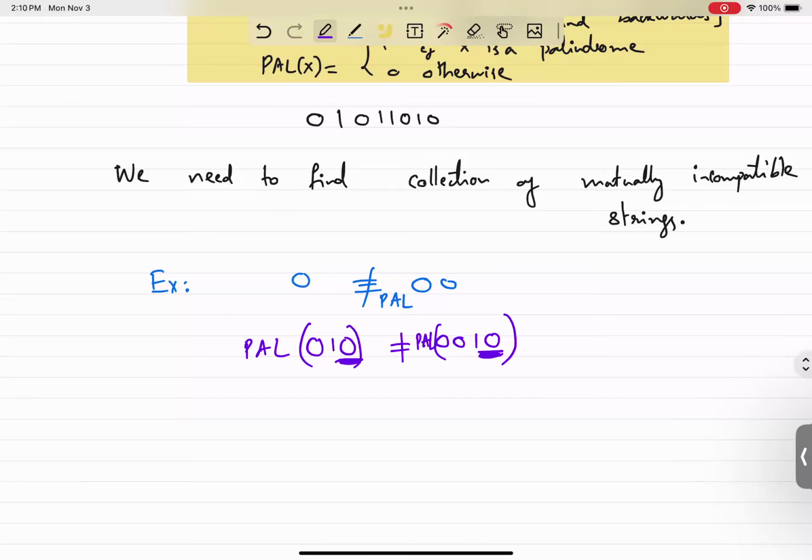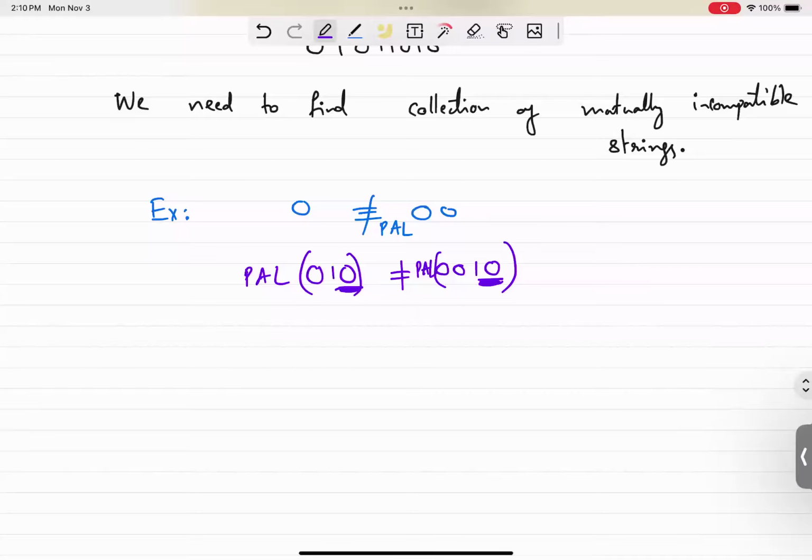Okay. But this is giving us two strings, right? So to say that a language is not regular, we need to show that no matter how many, whatever number you give me, I can find even more non-equivalent strings, right? So how can I extend this to get more and more strings which are not comparable to each other?